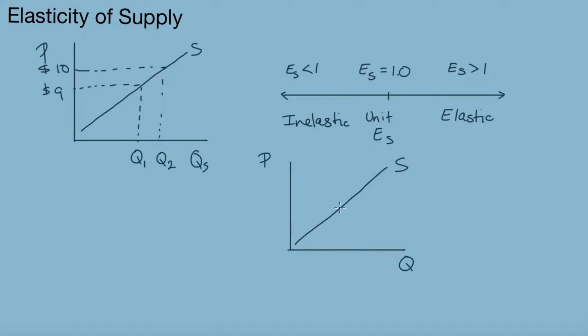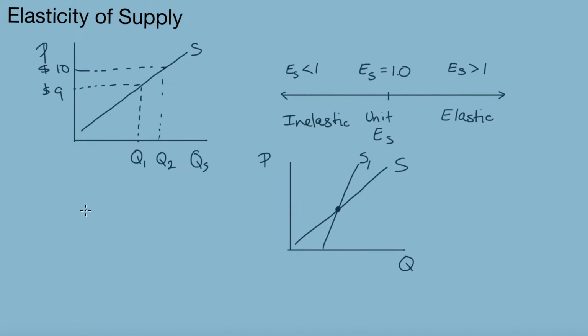Now, if we looked at two curves that shared the same point, let's say this point right here, we could even look at a couple different curves that share that point. So this supply curve is more inelastic than this supply curve. Okay, the steeper the curve in general, if they share the same point, if we're comparing relative curves, we can say that this one is more inelastic than this one.